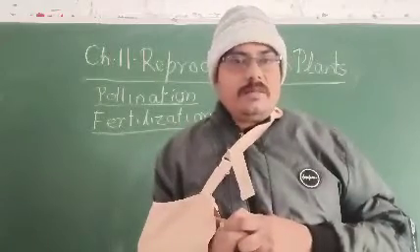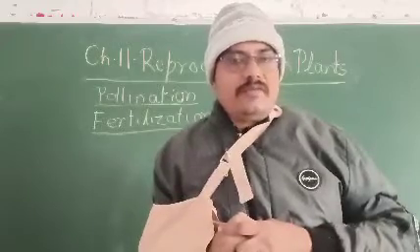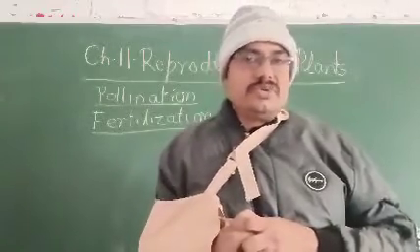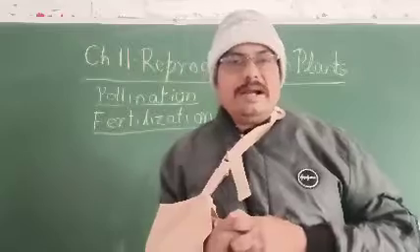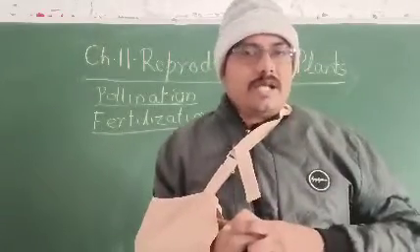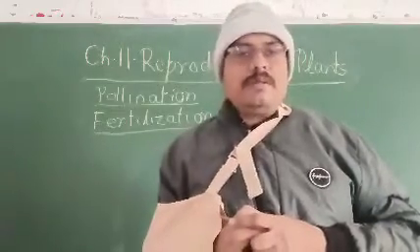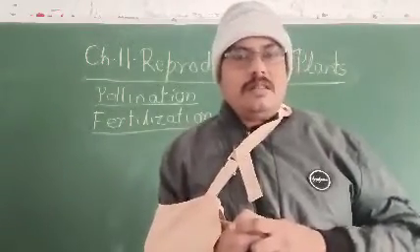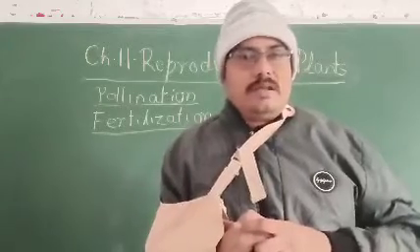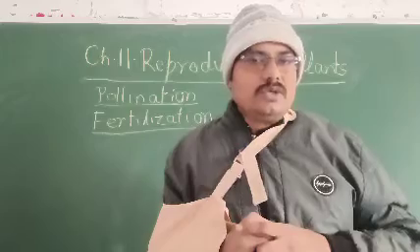The radicle goes towards the ground, and this radicle further converts into the roots, and the plumule that moves upward transforms into the shoot. So from the seed there arises the radicle and plumule. The radicle converts into root, and the plumule converts into shoot.